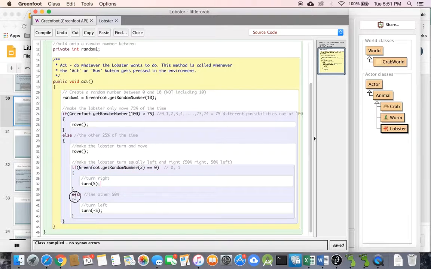The other half the time, so that means the other 50%, if Greenfoot.getRandomNumber, if that whole situation equals 1. Okay, there's 2 possibilities this could be. So half the time turn this way, the other half the time it turns the other way.